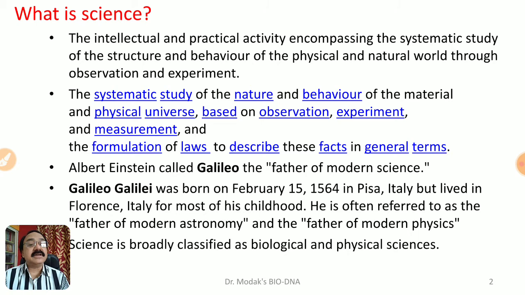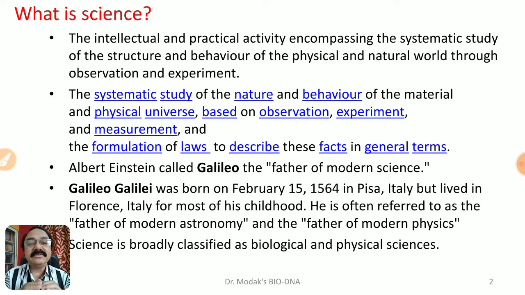Galileo is a great scientist, born on February 15, 1564 in Pisa, Italy, but he lived in Florence. Try to understand that Galileo Galilei broke all the conventional thoughts regarding the universe. He was the first man to tell that the earth is spherical and not flat.